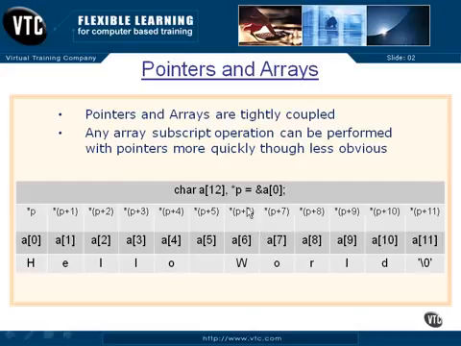Now, one thing you cannot do is set this value, A. You can't change it because it is actually in the code. It's a constant, and it is a constant that refers to the address of this 0th element. So if you want to deal with the address of it, you need to make a fresh pointer and set the value of this address into that pointer so that you can dereference it and work with it as a pointer.